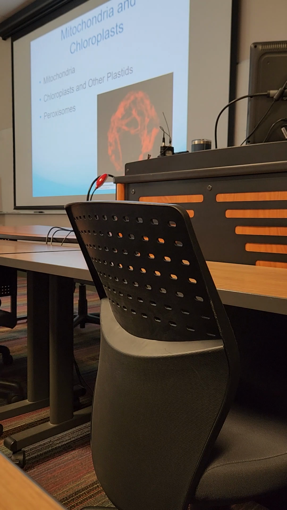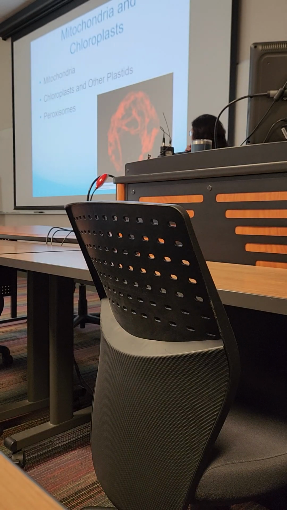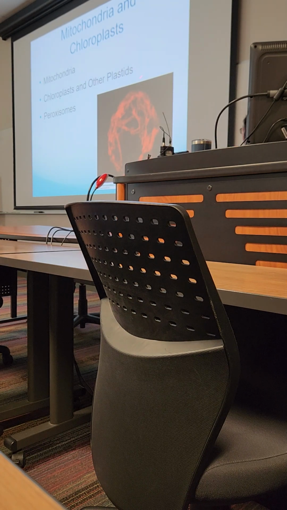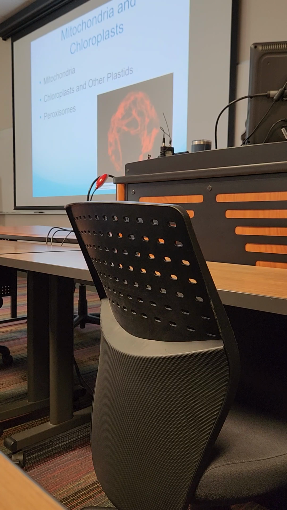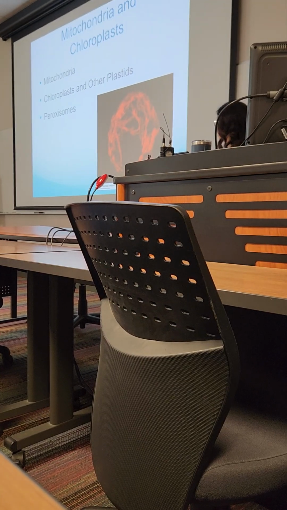So we finished moving proteins in the cell to the endoplasmic reticulum and the nucleus. So now what we're going to talk about is moving proteins into the mitochondria, chloroplasts, and other stacked membrane things, which is what a plastid is, and then peroxisomes. So that's what this group of slides is going to be.